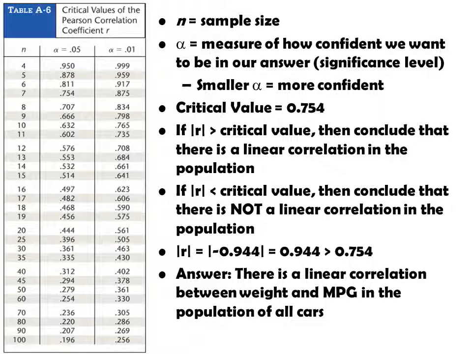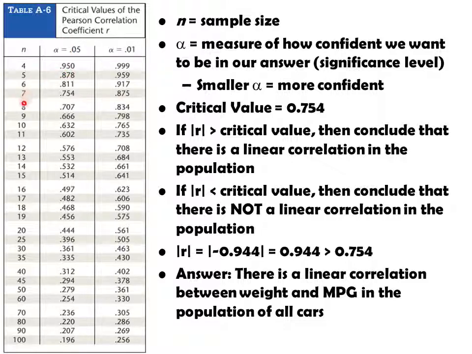We could have calculated p-values here, and in fact the calculator gives us a p-value. We didn't talk about that p-value at the time. But here we're doing a hypothesis test using critical values rather than p-values. And so from our table here, we chose our significance level alpha, which is typically 0.05.